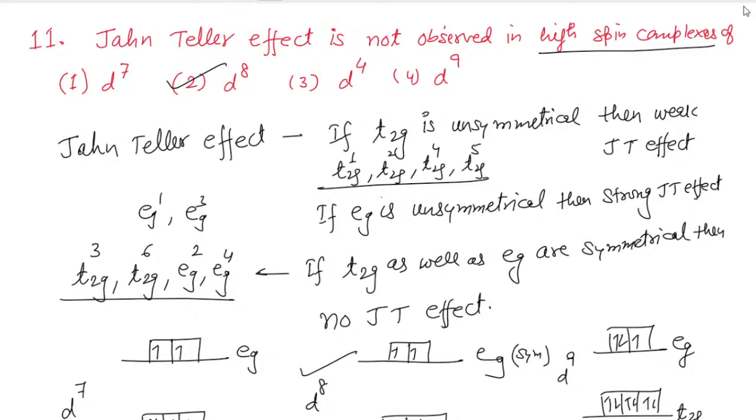EG is unsymmetrical. So D7, D4, D9 will show Jahn-Teller distortion, Jahn-Teller effect. But in case of D8, there is no Jahn-Teller effect. Means Jahn-Teller effect is not observed in D8 complex.